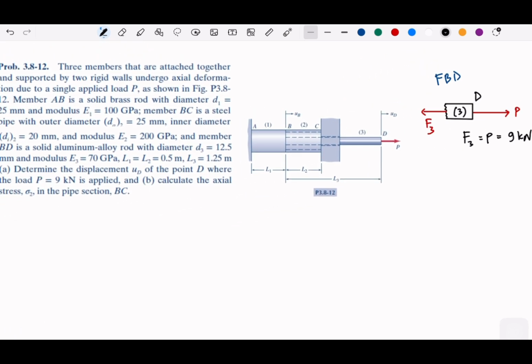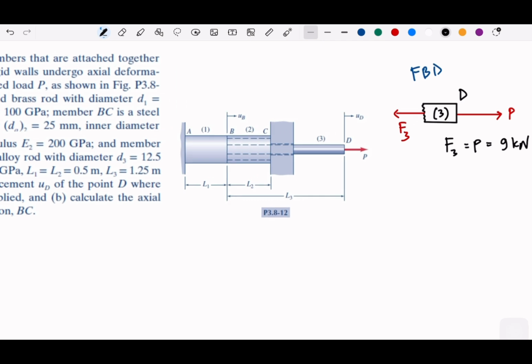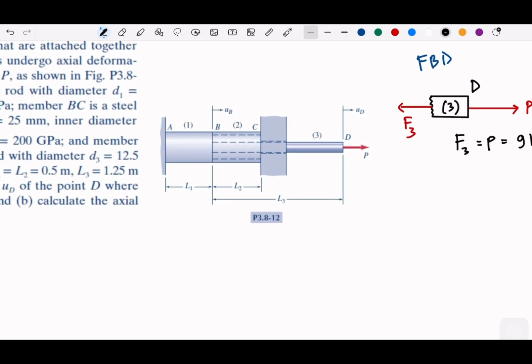And the second diagram that I think we need for our equilibrium is a joint where all the three elements can have some intersections. I believe that will be the joint B. Okay, because if you see joint B, you get the element 1, you get element 2, and you get the inside one, the element 3.